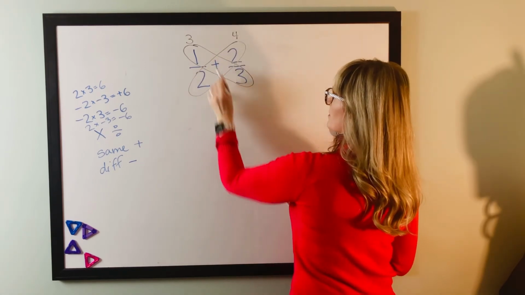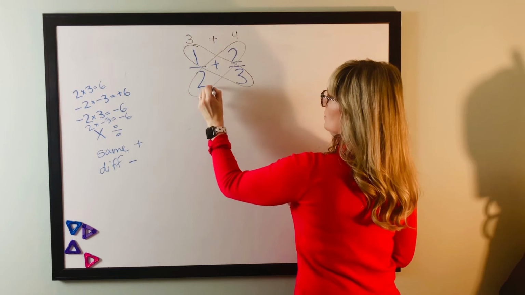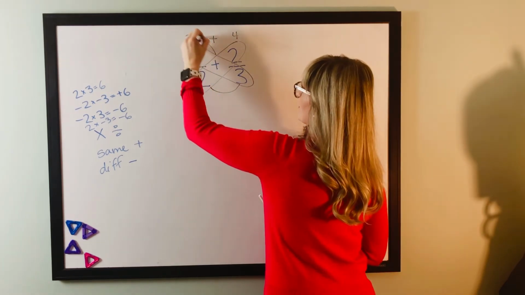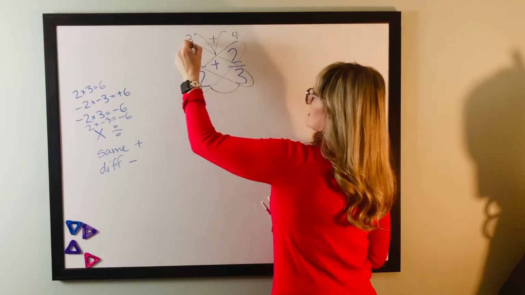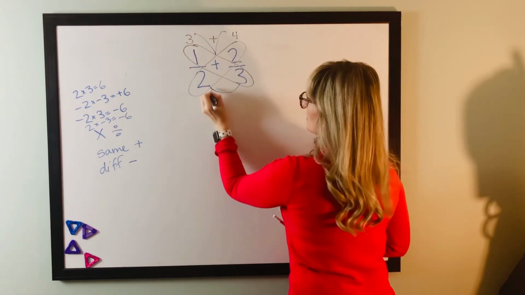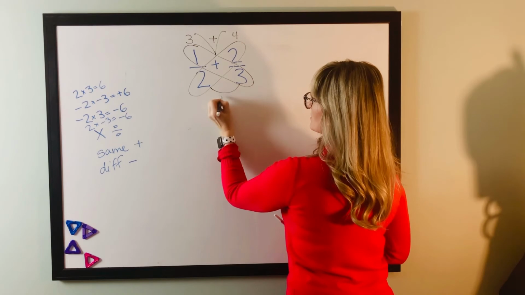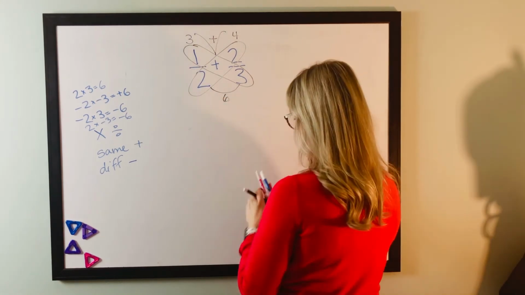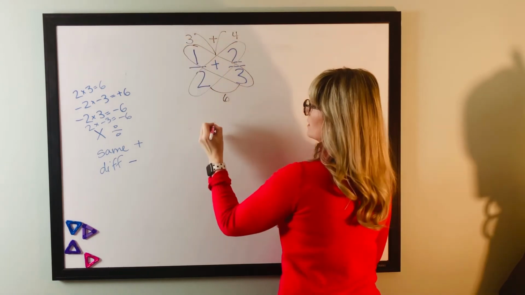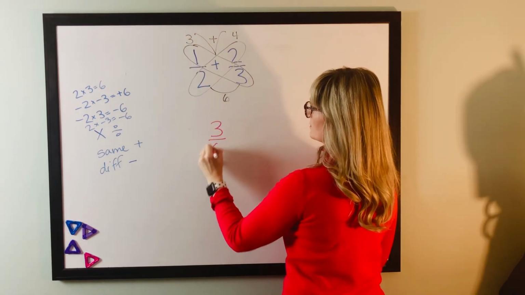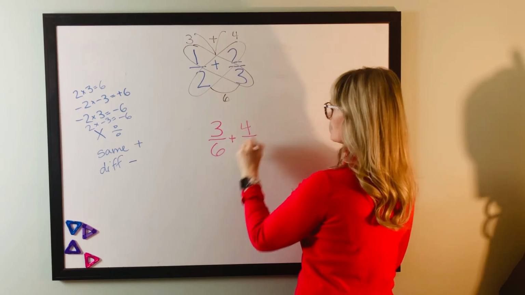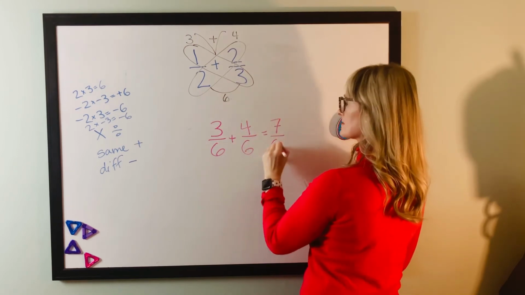What is the original operation? It was plus. What are these multiplied? These, and sometimes people make the antennas to say that 3 on the side, 4 on the side. What are these? 2 times 3 is 6. When we do it this way, it's the same thing. Now we have 3 over 6 plus 4 over 6, which gives us 7 over 6.